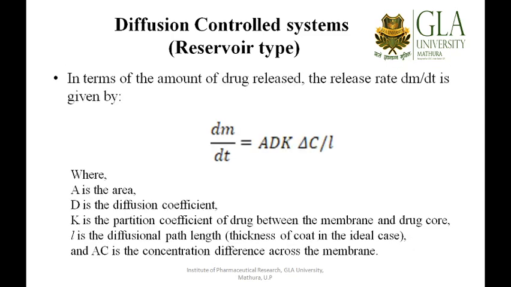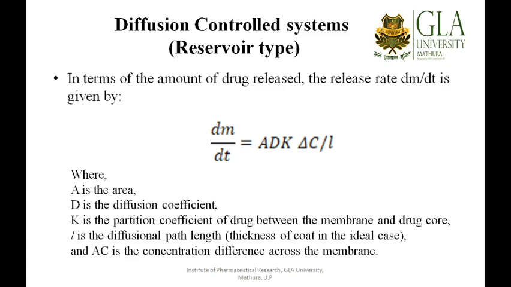In terms of amount of drug release, we can simplify Fick's first law of diffusion. We can write the equation as dM by dt, that is the release rate, equals A D K delta C divided by L. So what is A? A is the area of the overall reservoir, D is the drug diffusion coefficient, and K is the partition coefficient of drug between the membrane and the drug core.